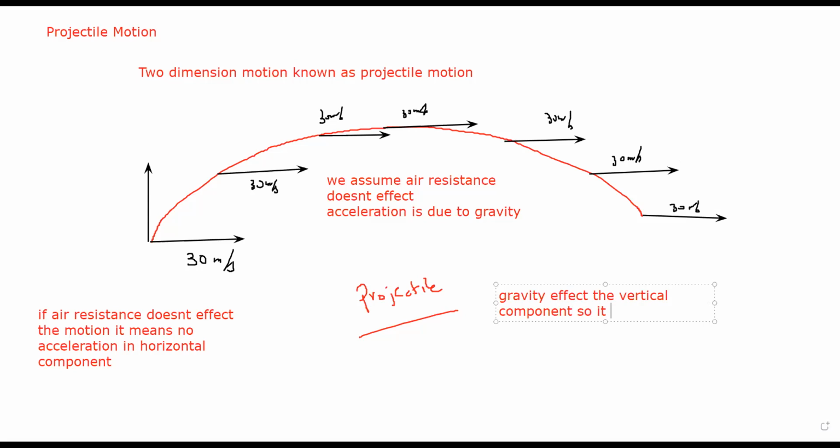So it will decelerate as it goes up and accelerate as it moves down, and the acceleration or deceleration will be due to gravity, which is 9.8 meters per second squared.